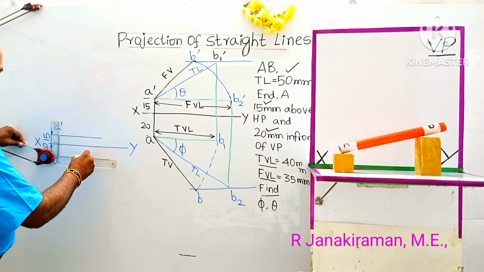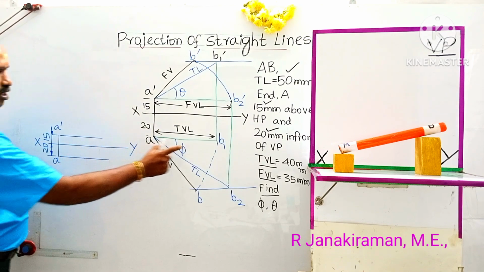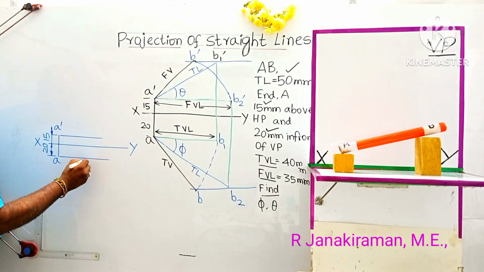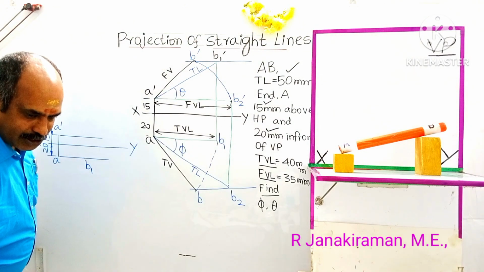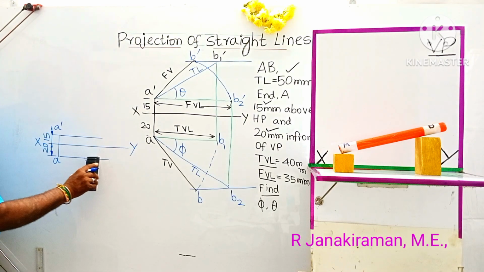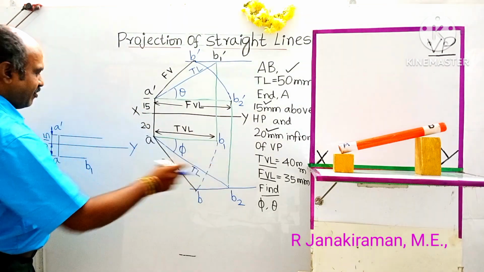So locate this point. This is 40 mm, and the point is B suffix 1. The remaining length you can erase, as it may lead to confusion. Similarly, front view length is given as 35 mm.